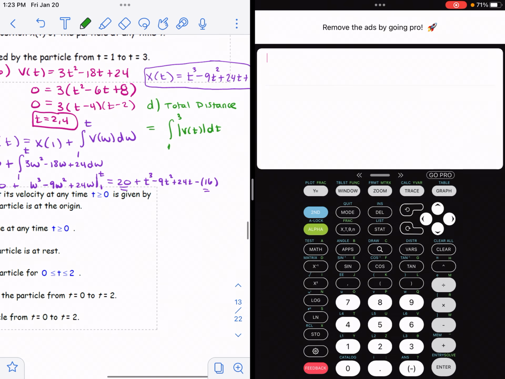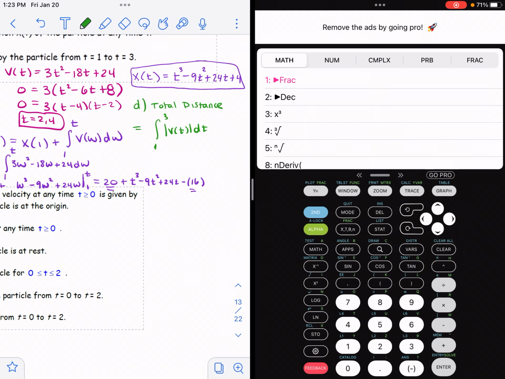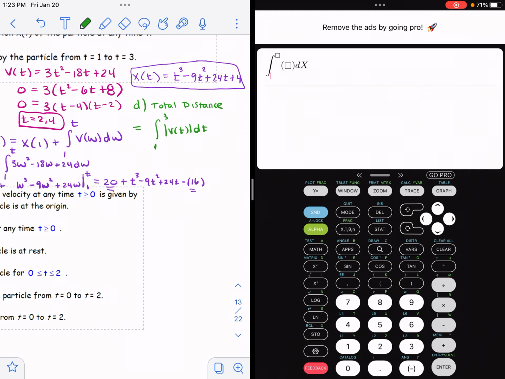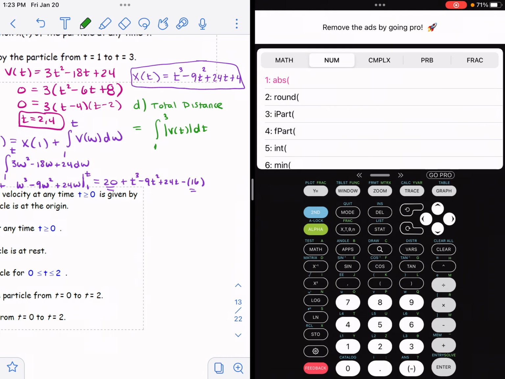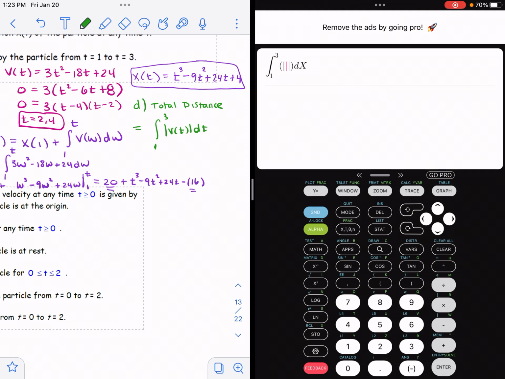Okay, I've got my velocity function in my window, so I'm going to integrate. I hit math, integrate. We're integrating from time 1 to time 3. I need my absolute value bars. I hit math, go over to number, absolute value, and then I put in my velocity function, which is 3x squared minus 18x plus 24. And I get 6.